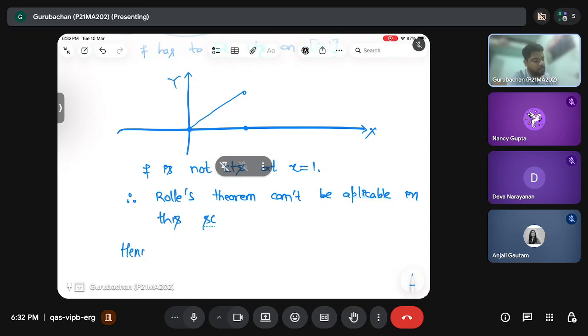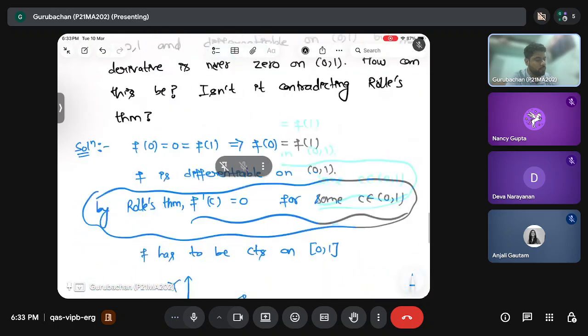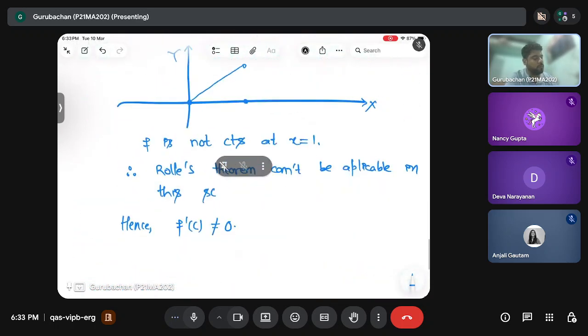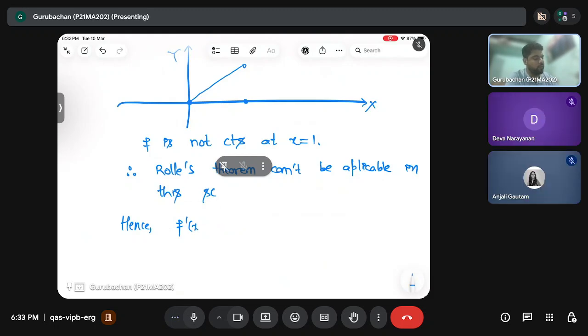Hence, f dash c is not 0. So what is f dash c in this scenario? F dash c is 1, which is non-zero, because f dash x is 1. Okay.